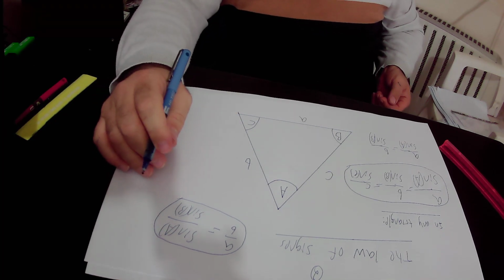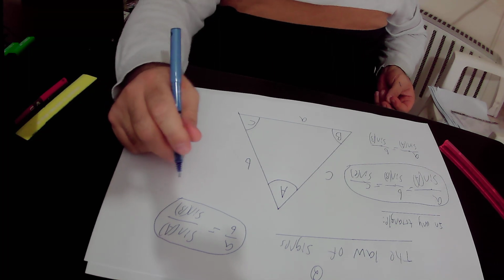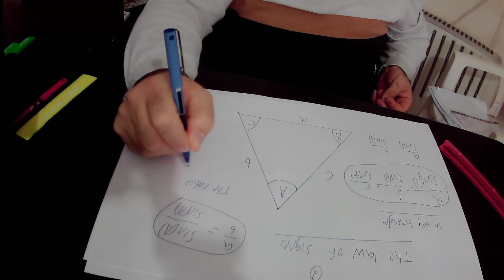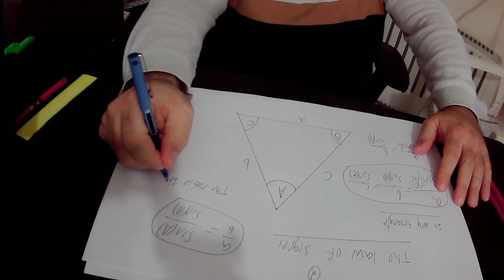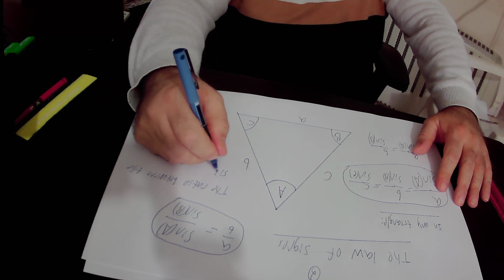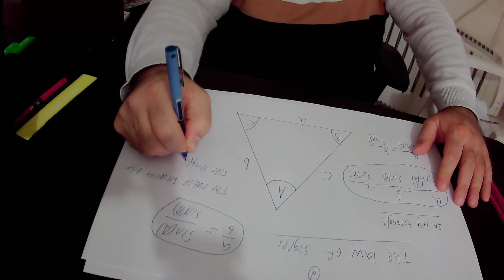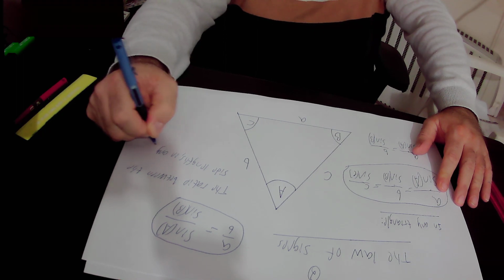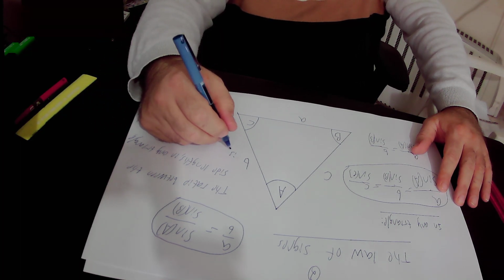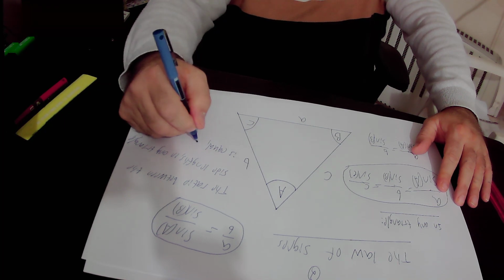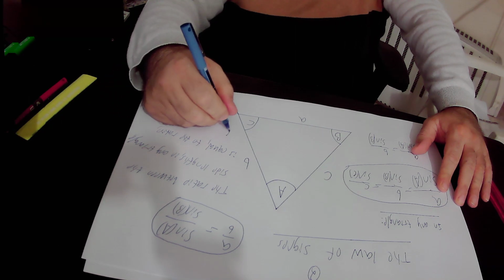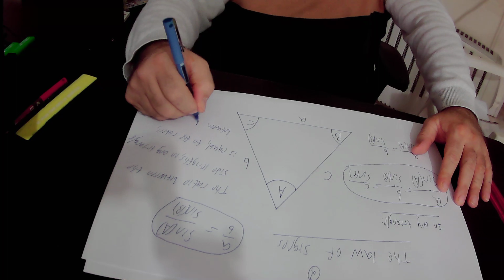So what is the meaning of this equation? The meaning of this equation is that the ratio between the side lengths of any triangle is equal to the ratio between the opposite angles.